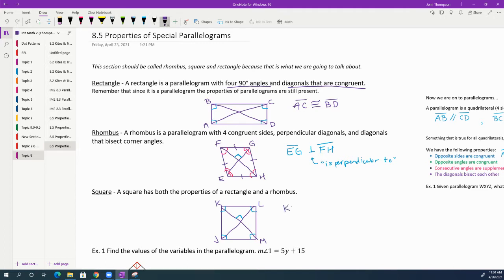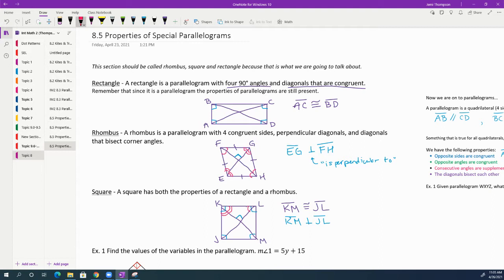So KM is congruent to JL. They are perpendicular. KM is perpendicular to JL. These diagonals will bisect these angles.